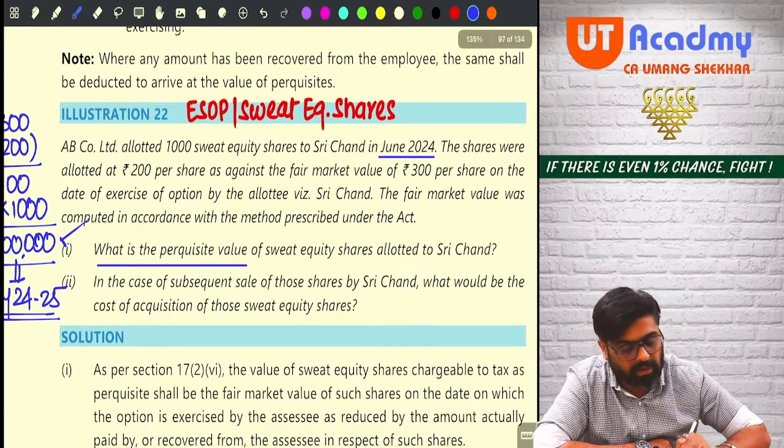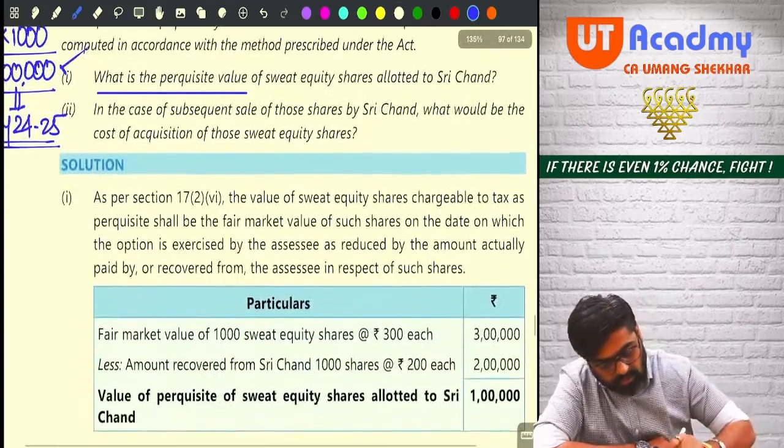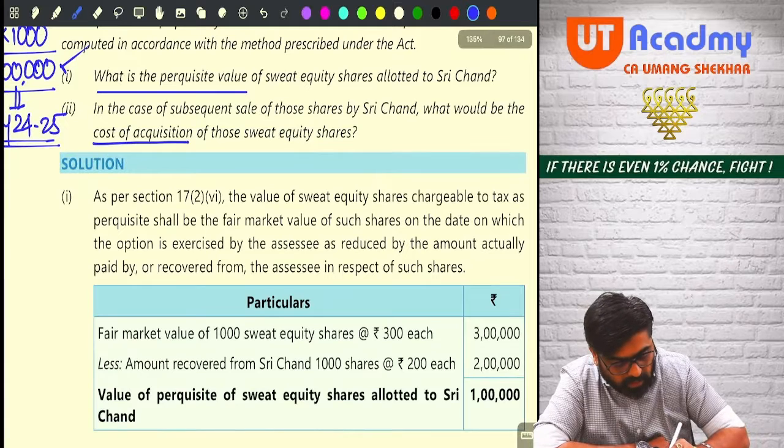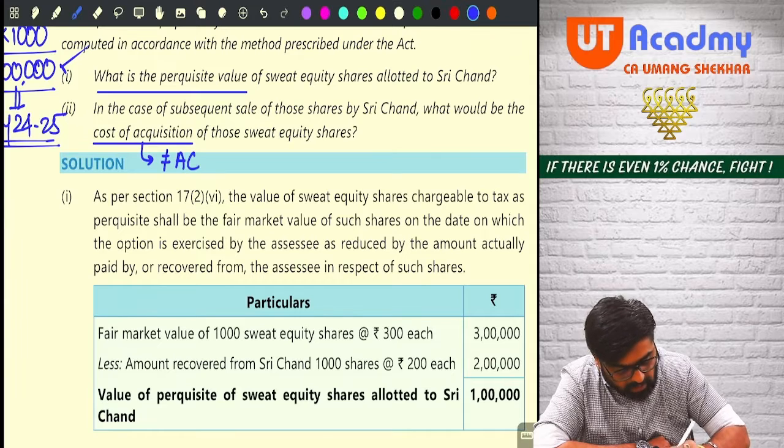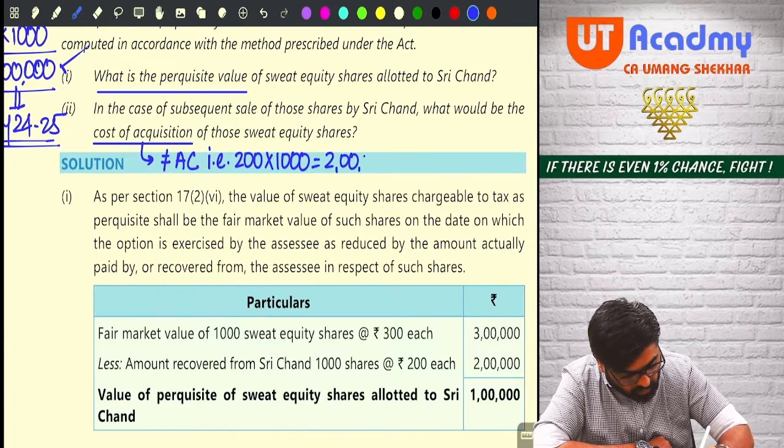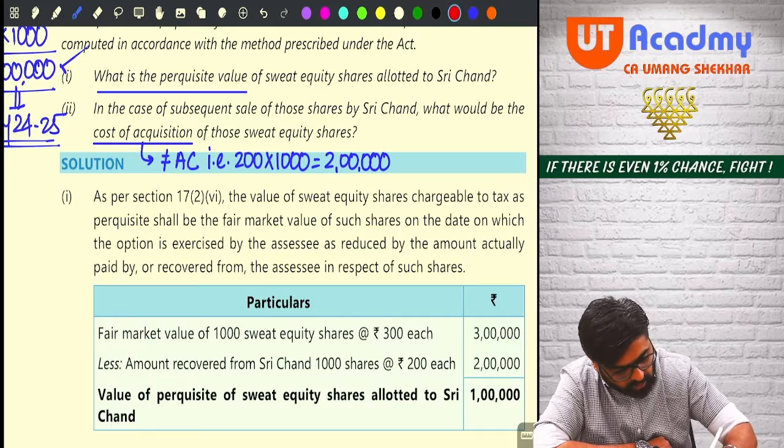Now, in the case of subsequent sale of these shares by Sri Chand, what would be the cost of acquisition? So you are supposed to write down to determine the cost. The cost of acquisition will not be equal to actual cost, that is 200 into 1000 equal to 2 lakhs. You are not supposed to take this 2 lakhs.